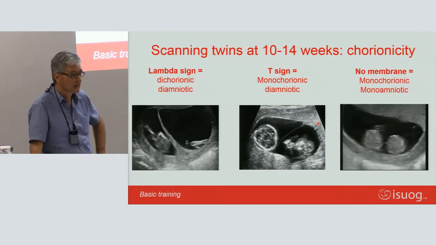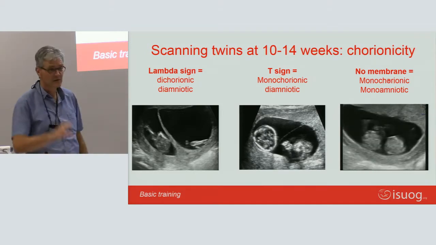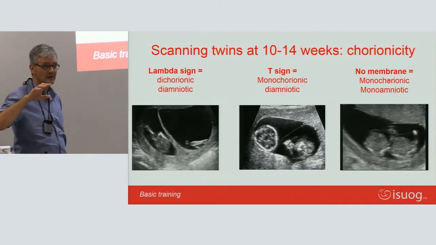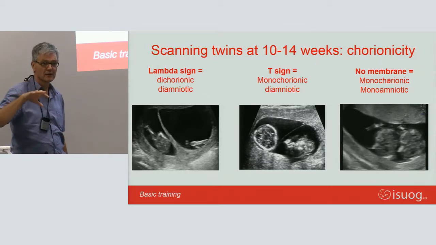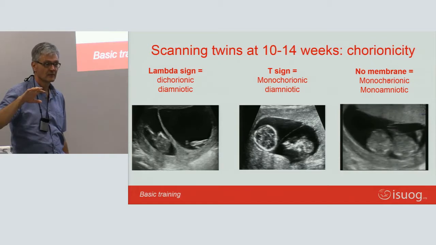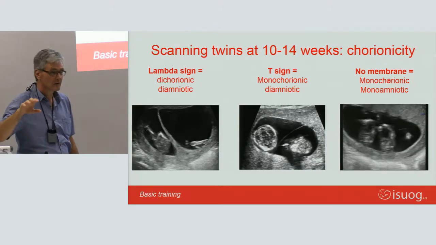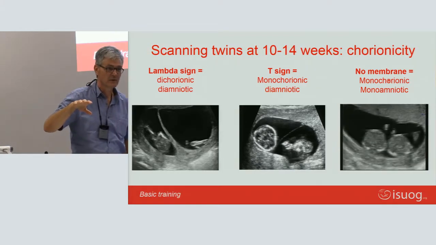And if you see no membrane, that's actually wrong. If you see no membrane, what's your first, second, and third diagnosis? Now, if you don't see a membrane, chances are you're not looking at the right spot.